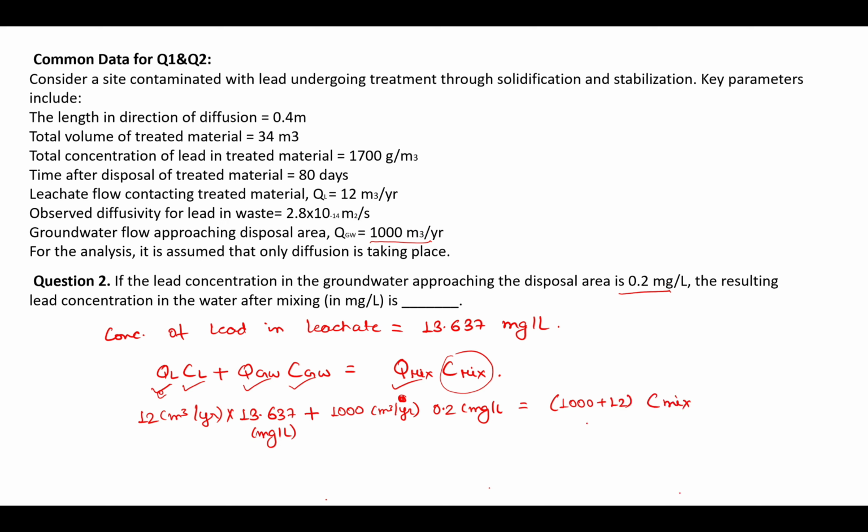So this will be meter cube per year. We just have to solve this equation, and it comes out to be 0.359 milligram per liter. So this is the concentration of the lead in the mixed water.